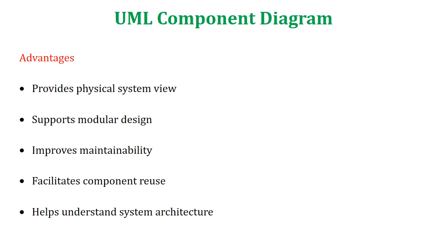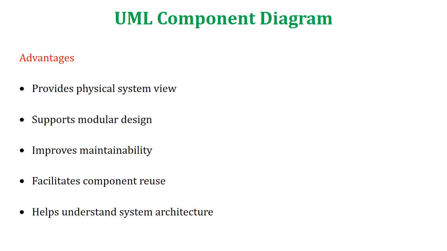Next, what are the advantages of the component diagram? It provides the physical system view and supports modular design. It divides the complex design into small modules, so everyone can easily understand the concept, and it improves maintainability. If anything is wrong, we can easily identify the particular module and recover.